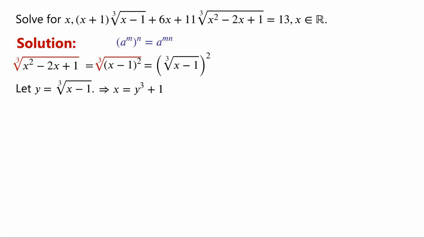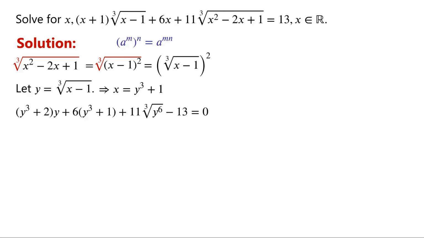Then x equals y cubed plus 1. Substitute x equals y cubed plus 1 in the original equation, we have y cubed plus 2 times y, plus 6 times y cubed plus 1, plus 11 times the cube root of y to the power of 6, minus 13, equals 0.